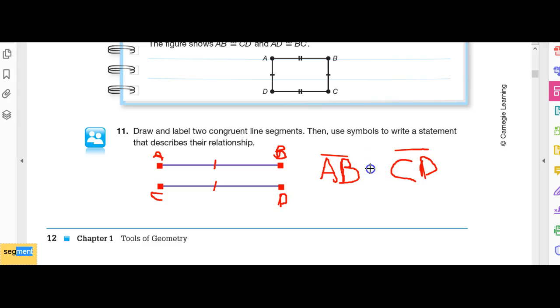So how are they related? Are they equal? No, they're not. Remember what I said? We crossed that out because we said they can't be equal because they have different properties of location. So instead we call them congruent. They're not equal, they are congruent. Okay?